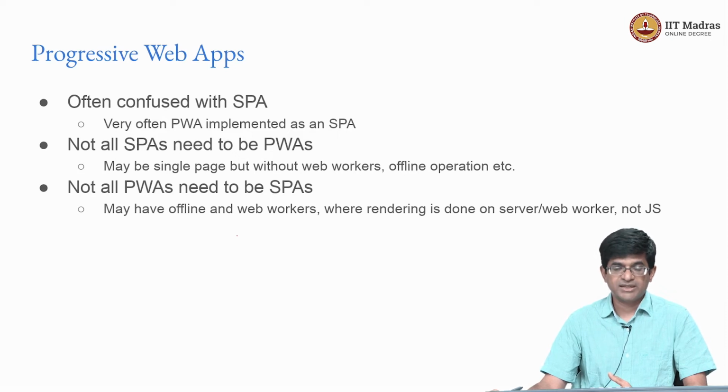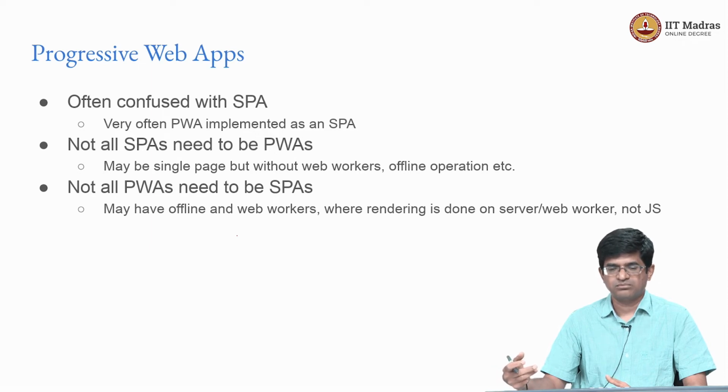On the other hand, it is possible to have something which is actually a PWA, a progressive web application, which may not necessarily be implemented as an SPA. You could have the notion of offline and web workers, which we'll get to in a moment, but where the rendering is done explicitly and you do have new requests being sent to some server and then coming back from that server with a response.